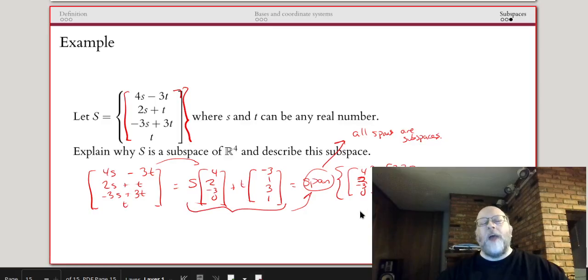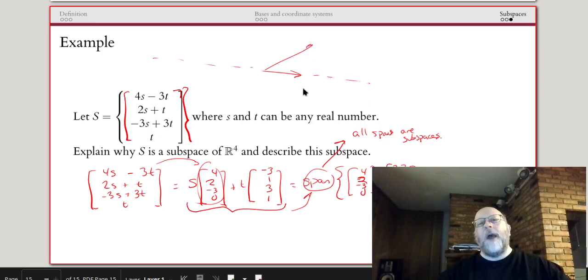So how would we describe this subset? I can't draw R4 for you, but this here is some vector in R4, and the s tells me I'm taking all of the multiples of that vector. That single vector would generate a line in R4, but then the second vector points in some other direction.